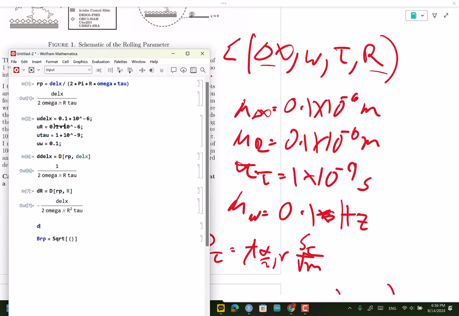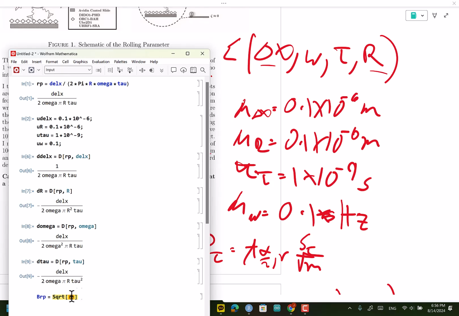My derivative of omega is going to be equal to derivative of RP with respect to omega. And then my derivative d of tau is going to be equal to derivative of RP with respect to tau.